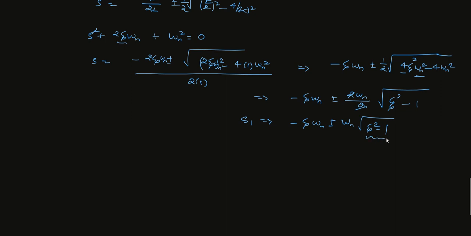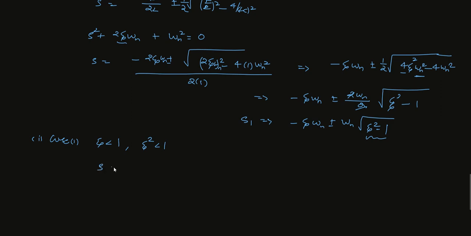Based on the zeta value we form three cases. Let us discuss the first case, that is case 1: zeta less than 1. In that case zeta square is also less than 1. So if you substitute, the value under the root will be negative, which is not possible for real roots, that's why imaginary roots will come.